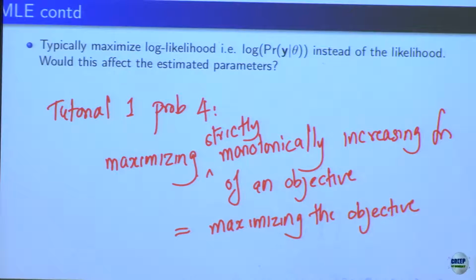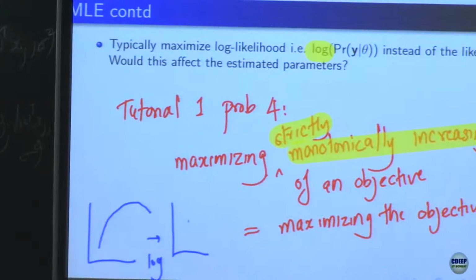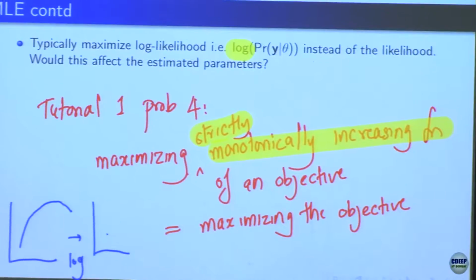If I had a function like this and I subject it to some monotonically increasing function, let's first of all quickly see that log is strictly monotonically increasing. If I subject this to a log or any other strictly monotonically increasing function, the function will change, obviously.